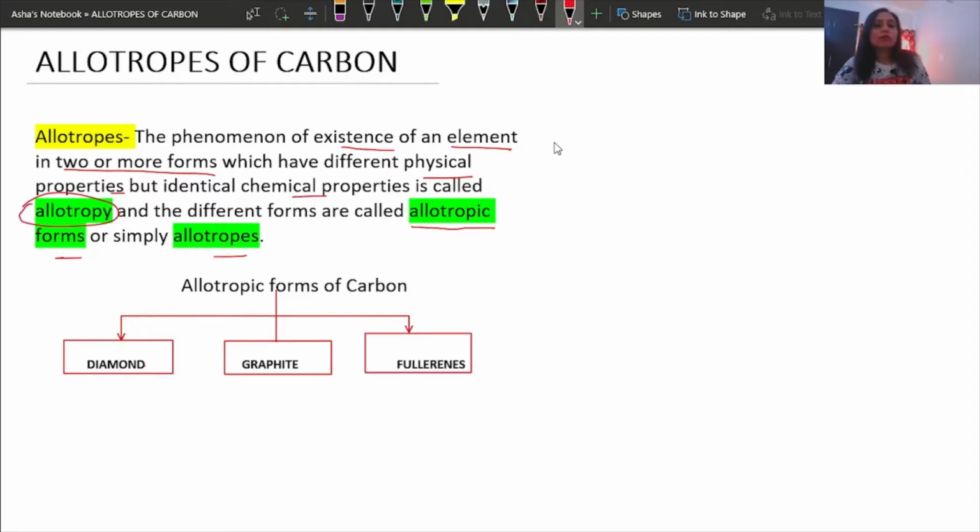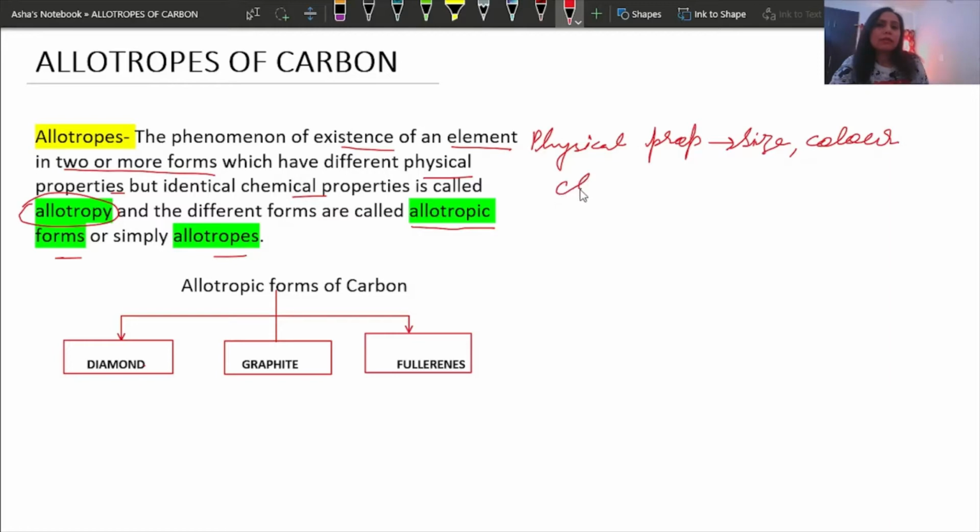Now, first of all, understand what physical properties are. Physical properties are the properties which you can describe by seeing with your naked eyes, like the size or color. All these things you can observe.